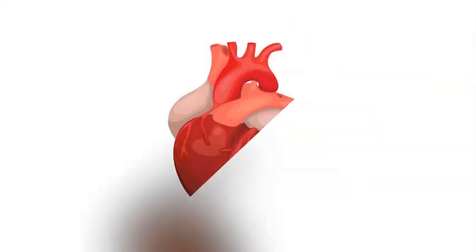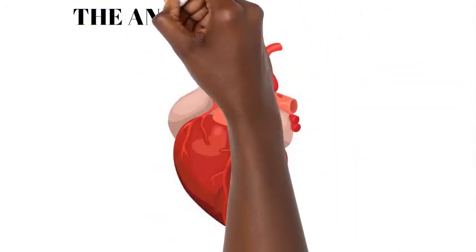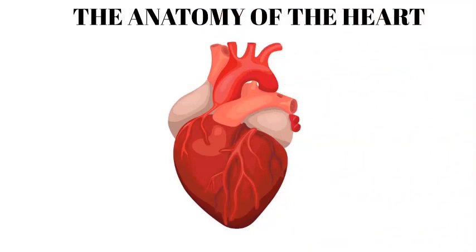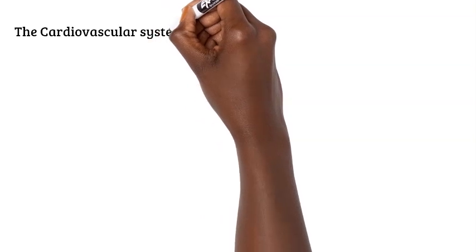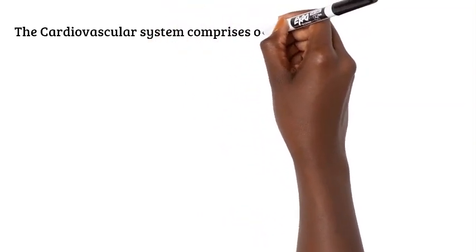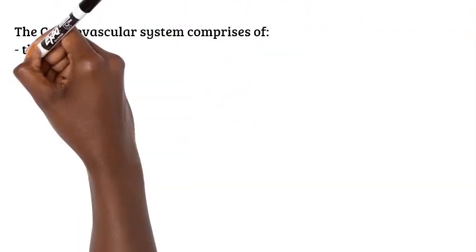Now, let's talk about the anatomy of the heart. Like we said earlier on, the cardiovascular system comprises the heart and the vascular system.